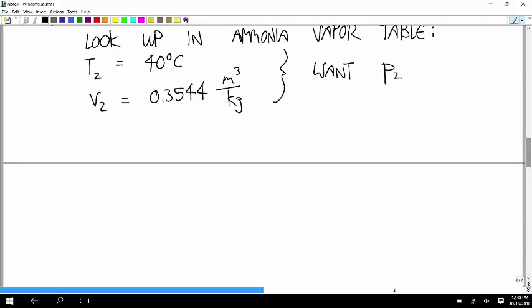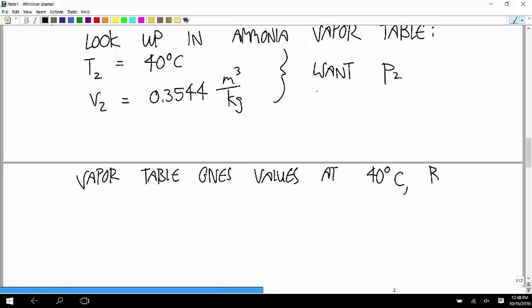So the vapor table gives values at 40 degrees Celsius.